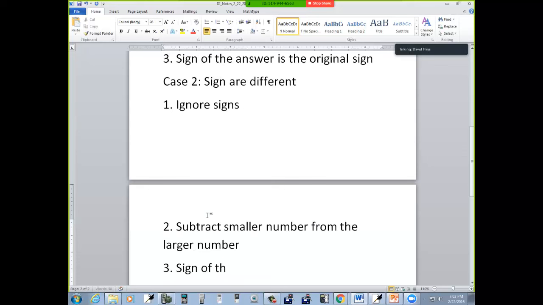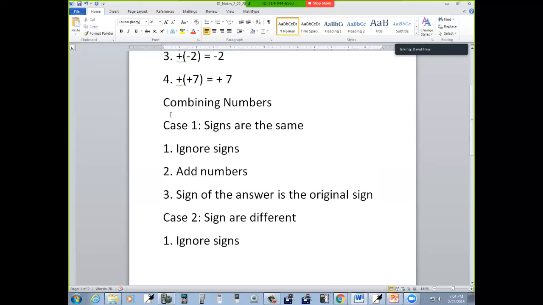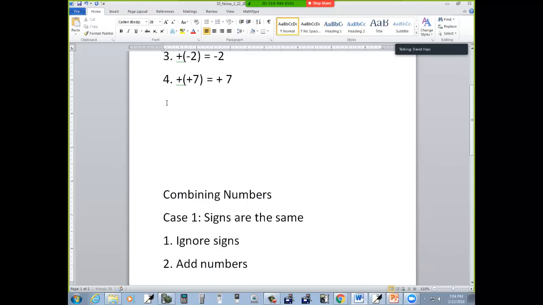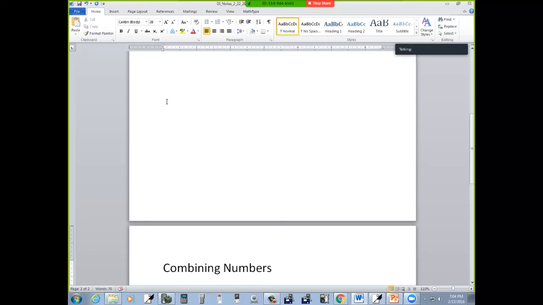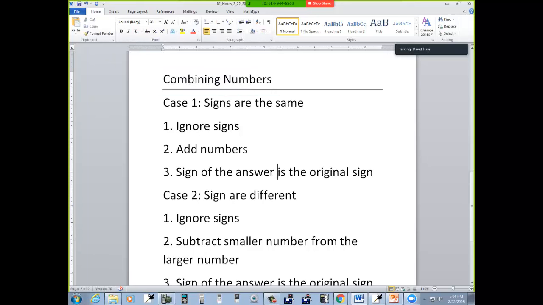And the sign of the answer is the original sign of the larger number. Let me put those on a separate page so we can see them all together. Okay, so this is going to be our combining numbers.